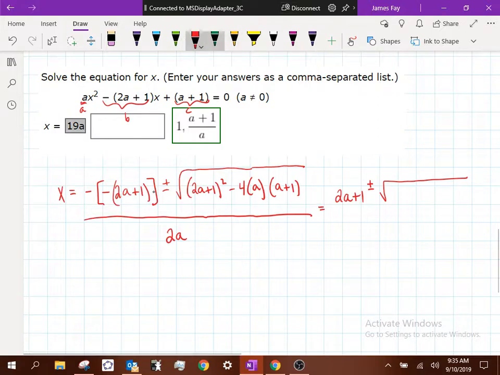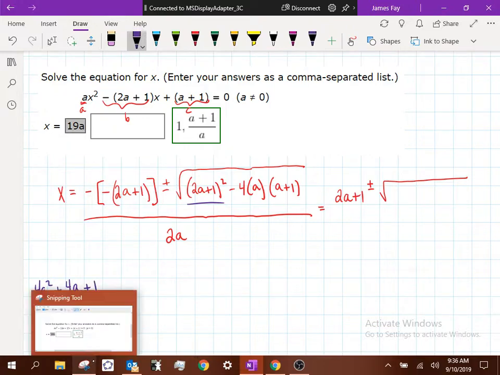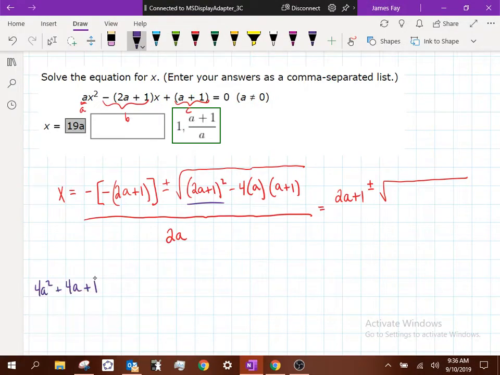Okay, now 2A plus 1 squared. Let's do this work down here to the side. If I go 2A plus 1 and I square that thing right there, that's going to give me 4A squared plus 4A plus 1, right? Now looking at this is going to be minus 4A squared, minus 4A.